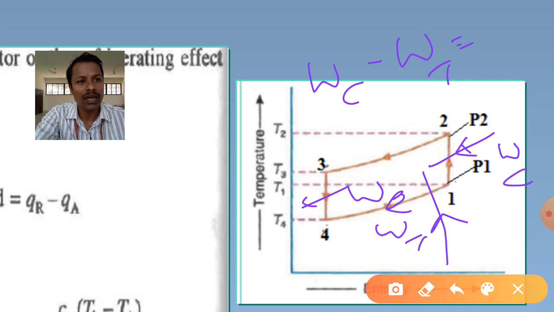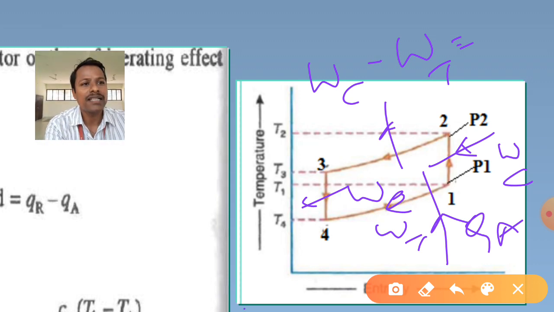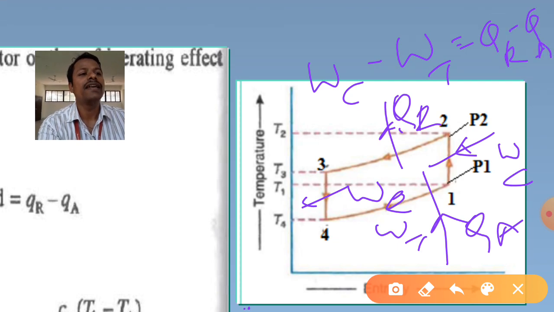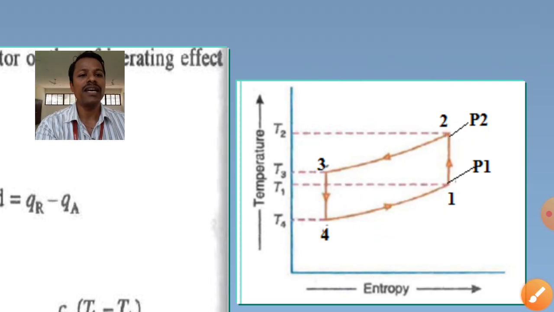This is the QA, heat absorbed, and this is heat rejected. So here heat is rejected, I am rejecting the heat energy QR. The net heat interaction is QR minus QA. Therefore, heat rejected minus heat absorbed can be treated as the net work interaction in the cycle.